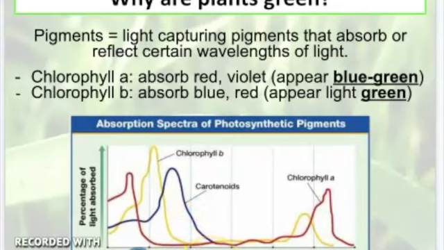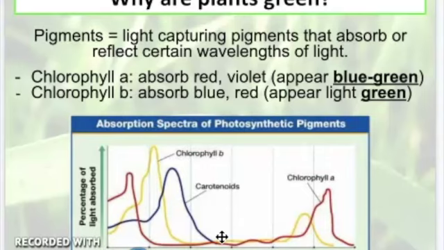So why are plants green? Well, that's because that's the wavelength that isn't being absorbed by our light capturing pigments. Instead, those are going to be reflected back out. So that's what our eyes are going to see, that green color.